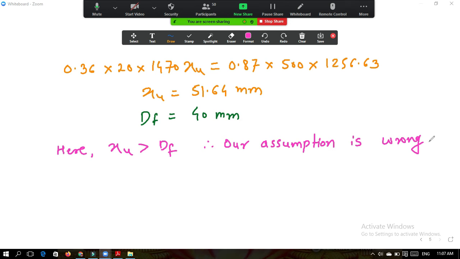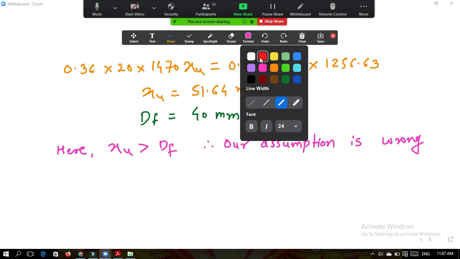So now we will assume that neutral axis lies in the web. Okay, so Xu is greater than Df, but Df is less than 0.43 Xu. So neutral axis lies in the web, but the compressive stresses are uniform throughout the flange. That is the meaning of Df less than 0.43 Xu. So that we will assume now, and we will write the second case.